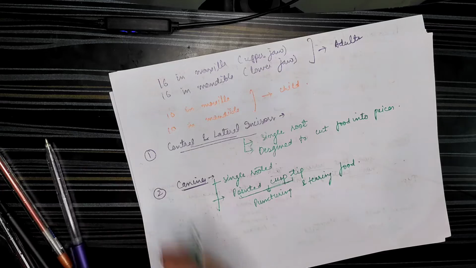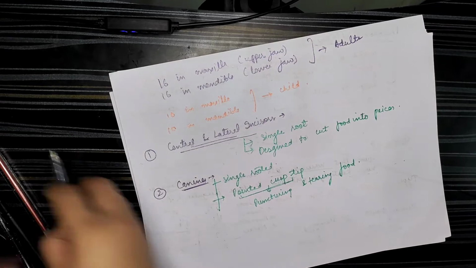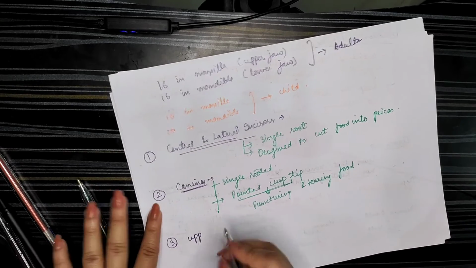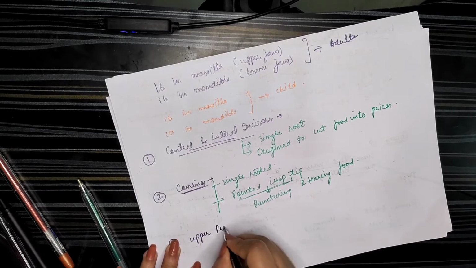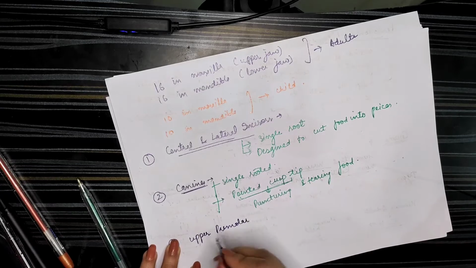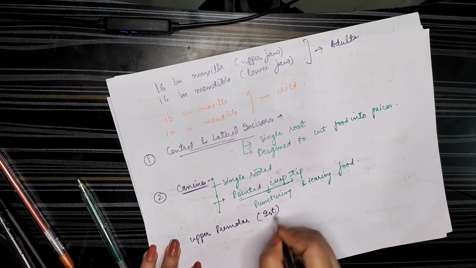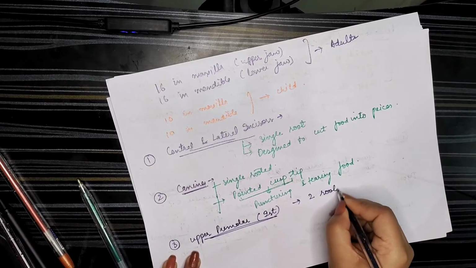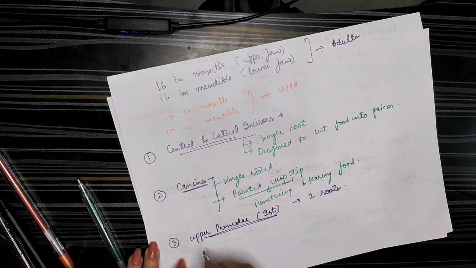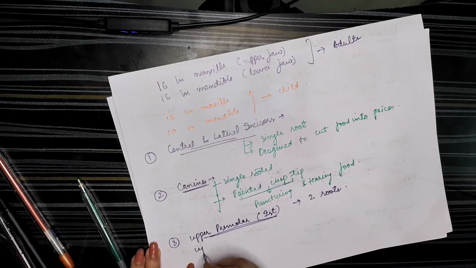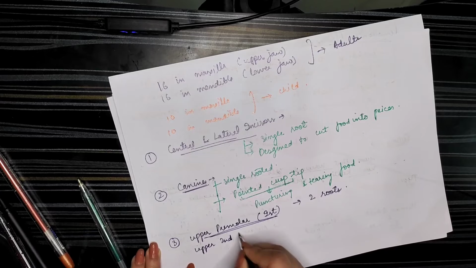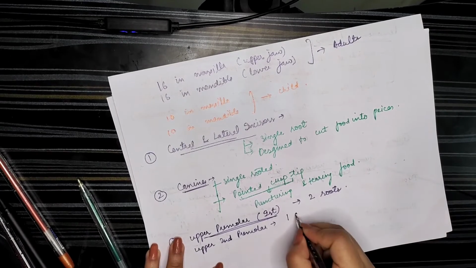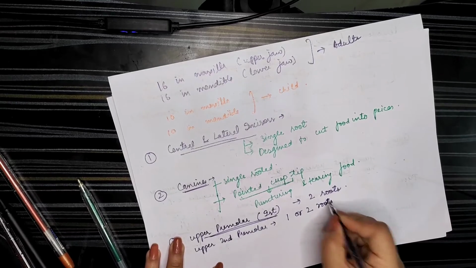Now, the third type of teeth is premolars. First of all, the upper first premolar consists of 2 roots. And the upper second premolar consists of either 1 or 2 roots. It depends.